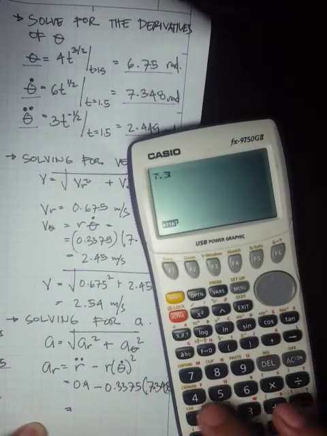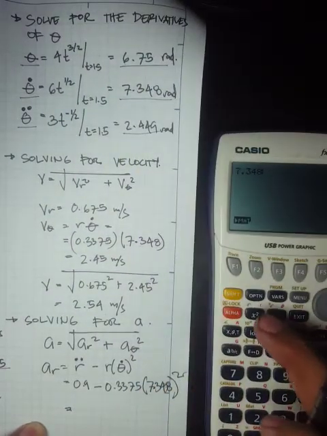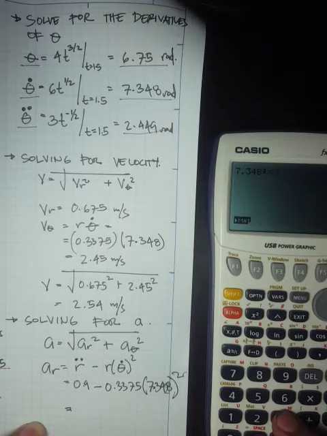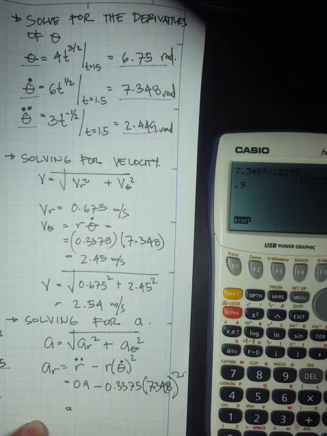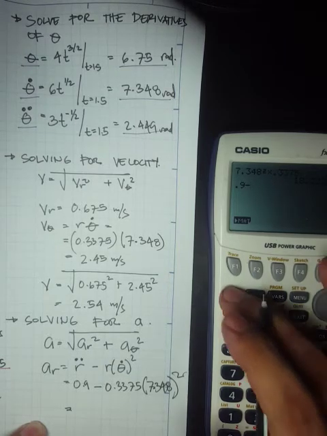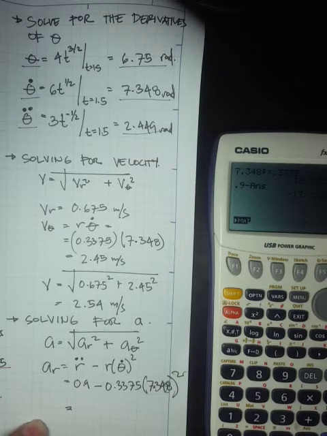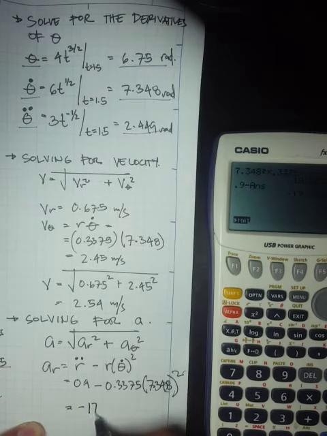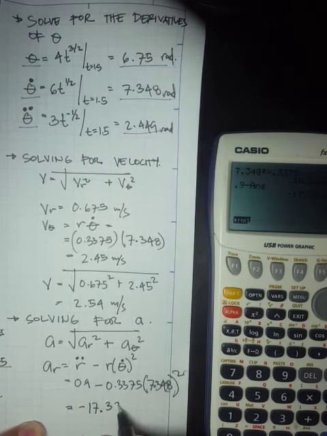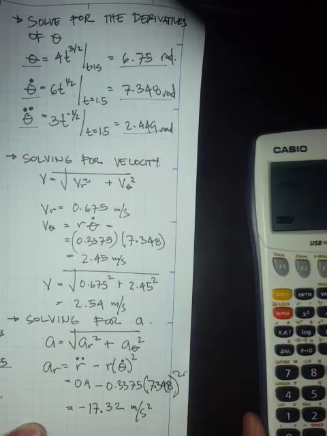So 7.348 squared times 0.3375. Then we have 0.9 minus answer. Then we have negative 17.32. That's in meters per second squared.